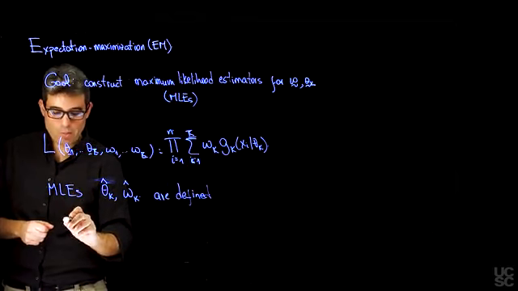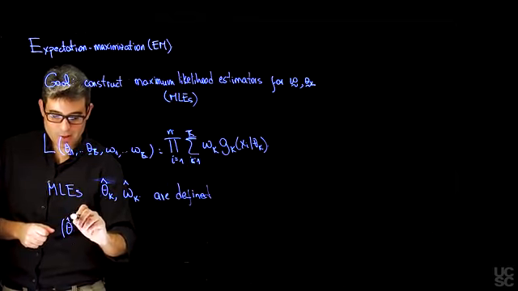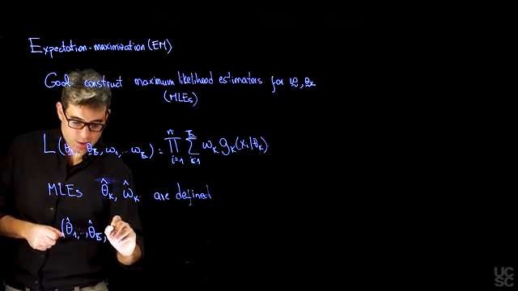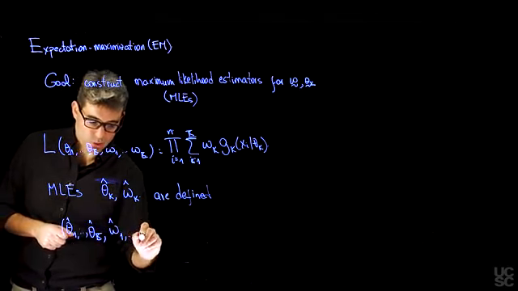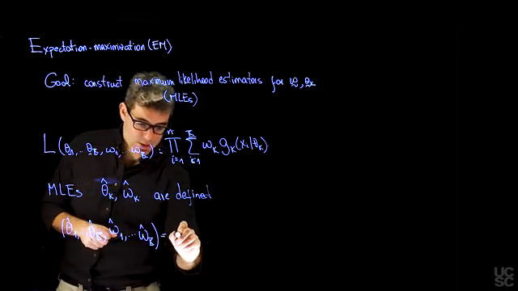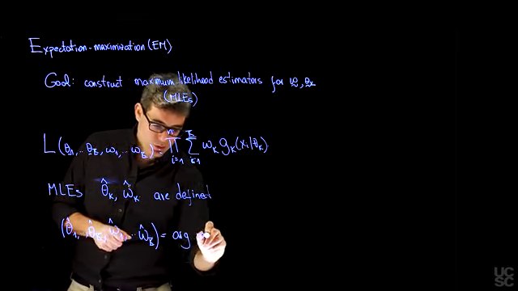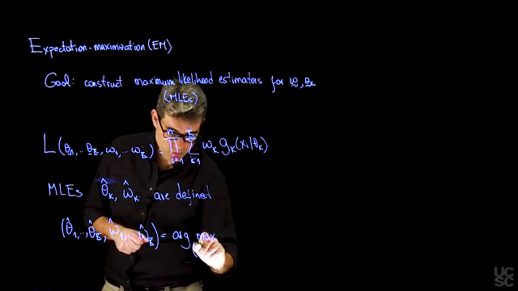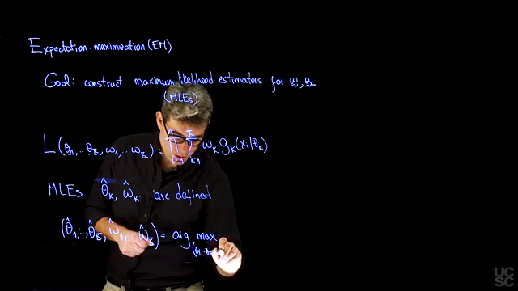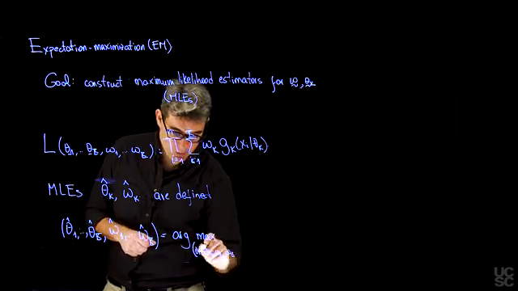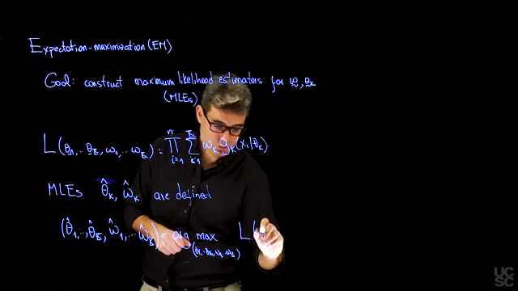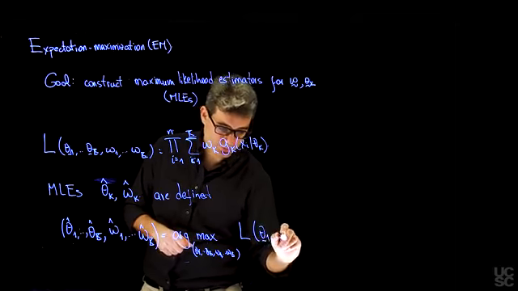So just to make it compact, I'm going to define the maximum likelihood estimators of theta 1 up to theta capital K and omega 1 hat all the way to omega hat capital K as the argument of the maximum over theta 1 up to theta K and omega 1 up to omega capital K of this likelihood function that I wrote up there.